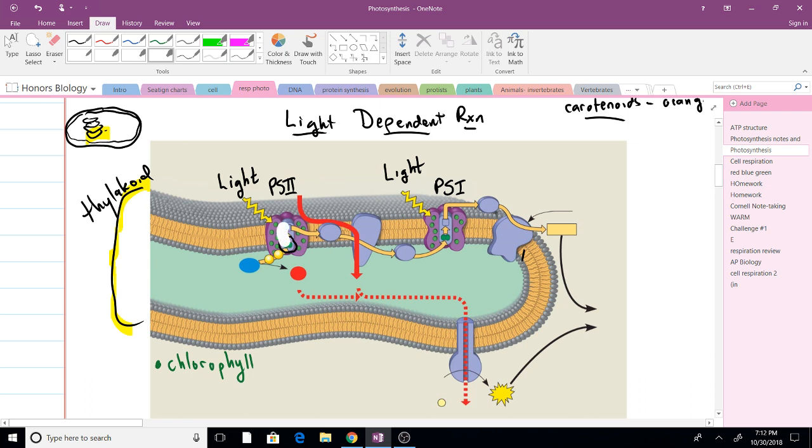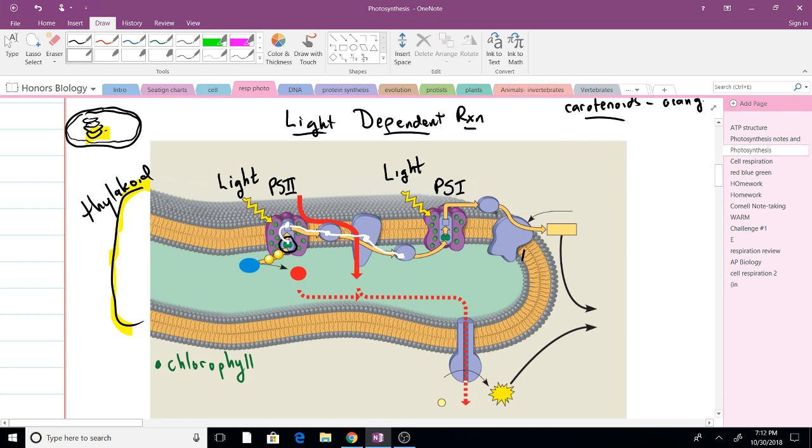Whoa, sorry, I thought that was a thin one. That electron, there we go, is going to bounce up to a little electron acceptor. And then that electron, just follow the arrow here, is going to bounce from one molecule to the next.